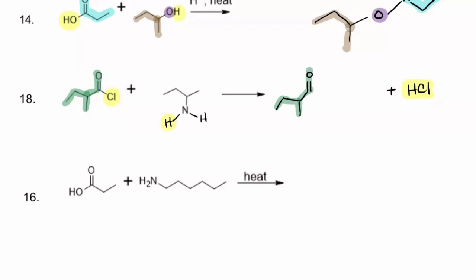Next, I'm going to write a bond to connect to the nitrogen. This is my nitrogen that only has one hydrogen and it has the rest of the molecule. And that's exactly what I'm going to draw. Nitrogen with one hydrogen. And then I'm going to draw the rest of the molecule.